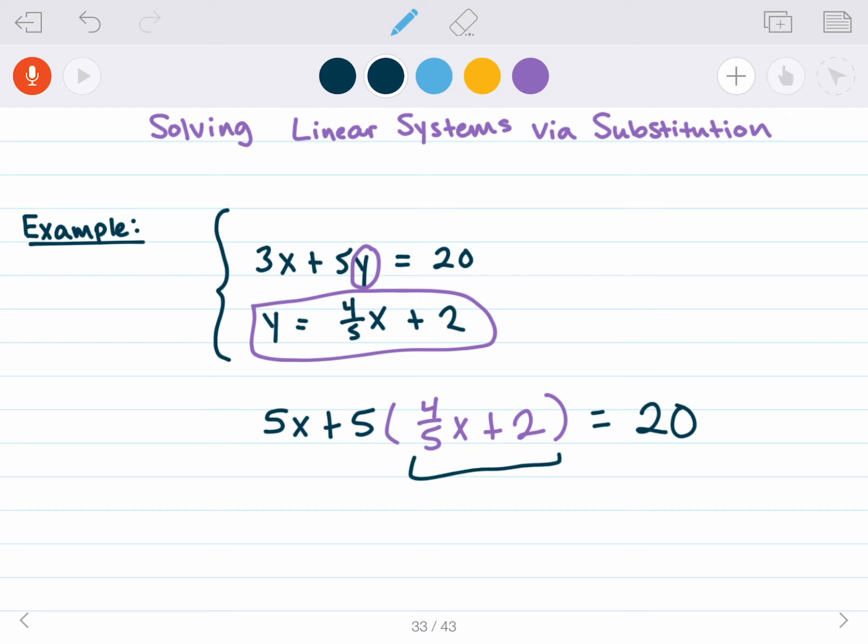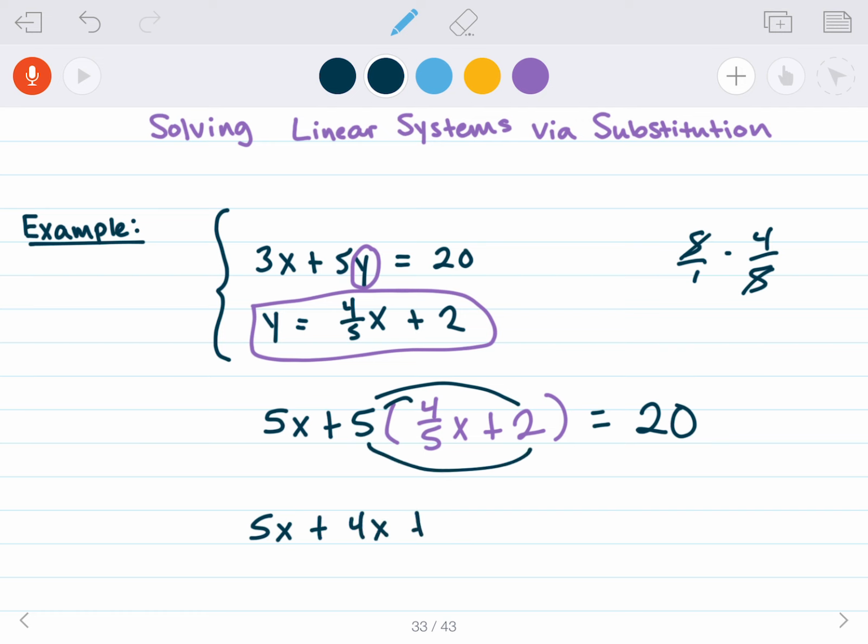Right, this was y in the first equation. Now I can use the distributive property, distribute that 5 out. 5 times 4/5, those 5's cancel to just leave me with 4x. So I get 5x plus 4x, and then 5 times 2 is 10.